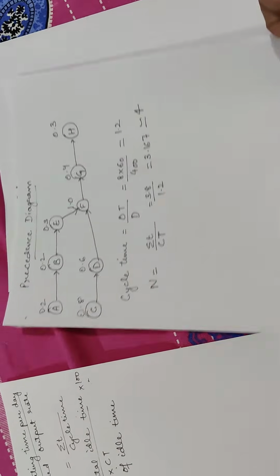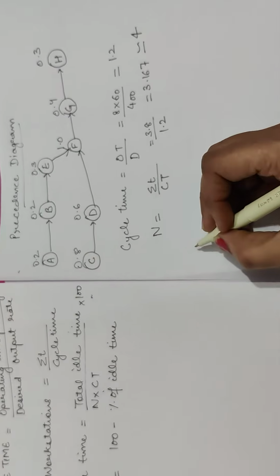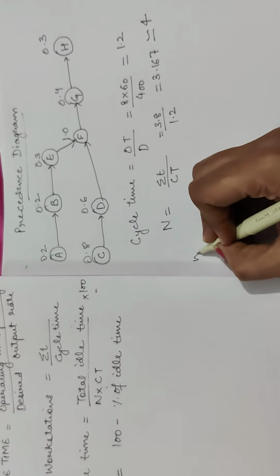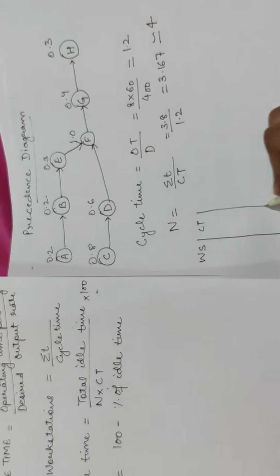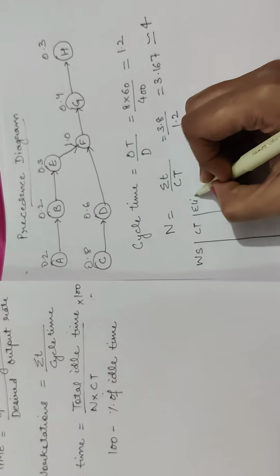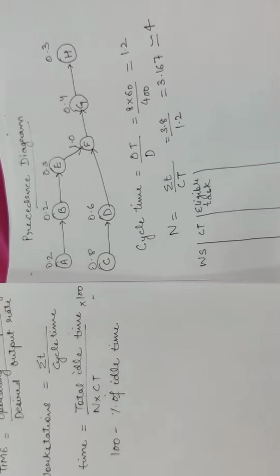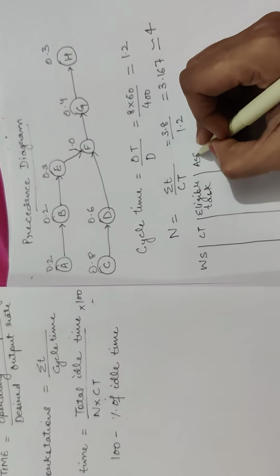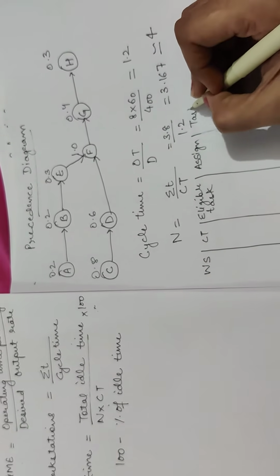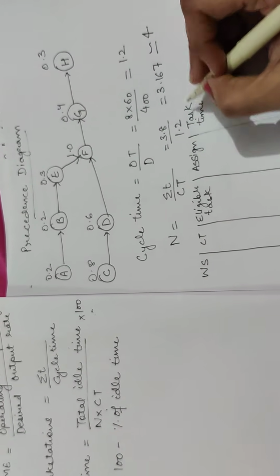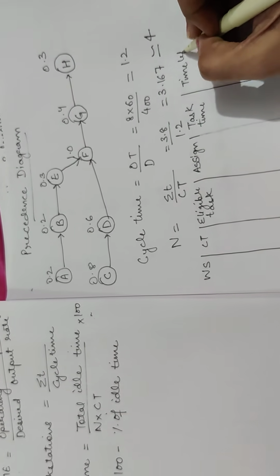Now the next thing which we have to do is the line balancing. For line balancing, I am going to draw a table in which the first column is workstation, then cycle time, then eligible task, then the next column is assigned task, then task time, then time left, right?